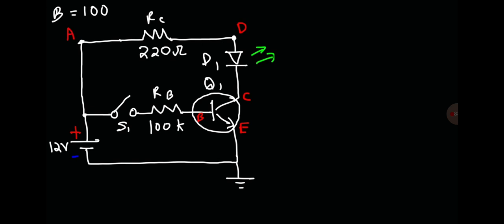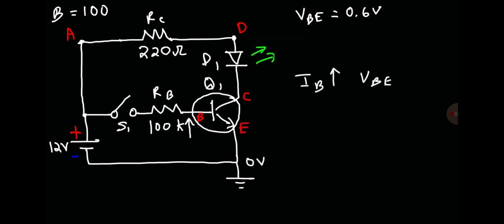The first thing I would do is set the ground potential to 0, and then we could determine the potential at point B. Keep in mind VBE is between 0.6 and 0.7 volts. So we're going to say that VBE is 0.6 volts for this problem. As the base current increases, VBE increases slightly.